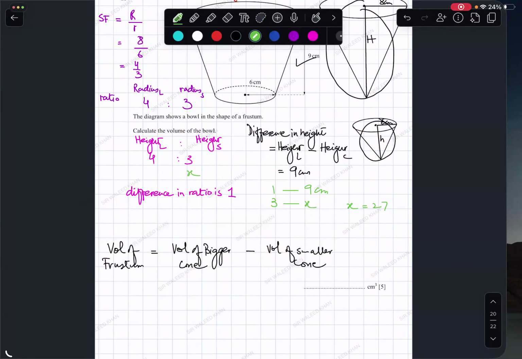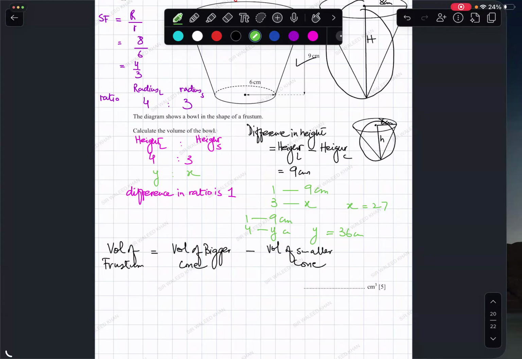If one is representing 9 centimeters, 4 will be representing 36. 4 times 9 is 36. You were saying 86 or 36? 36. I thought you were saying 86. See? So we got the heights.